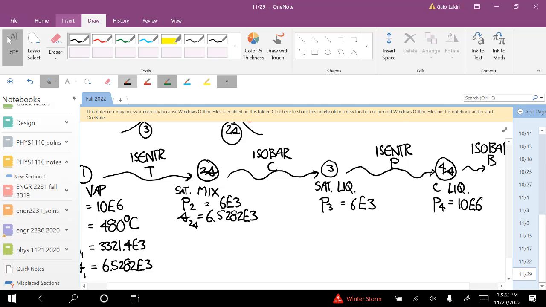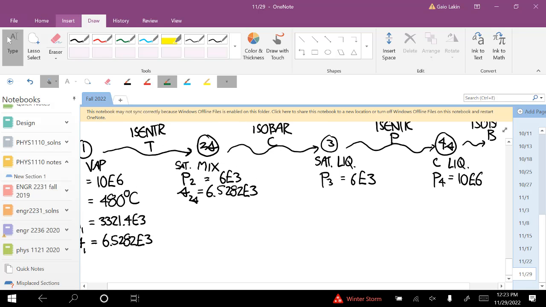And, okay, well, that is going to be enough for us to use the incompressible assumption to calculate the enthalpy at that state 4.